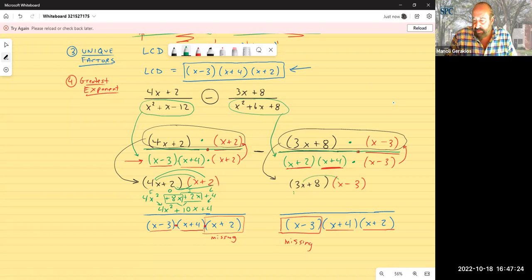So F in FOIL is 3x squared. O in FOIL is negative 9x. I in FOIL is positive 8x. And the L in FOIL is negative 24. These two are like terms, and they're going to make a negative 1x, right? If I'm doing that correctly. There are no like terms with an x squared, and there are no like terms with a constant.